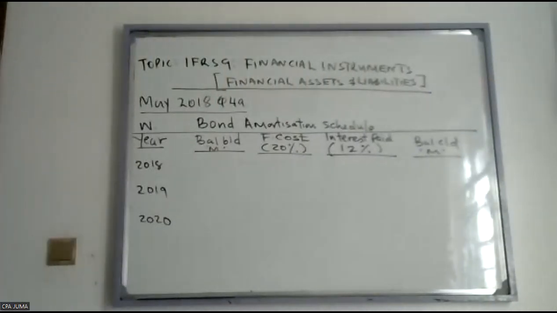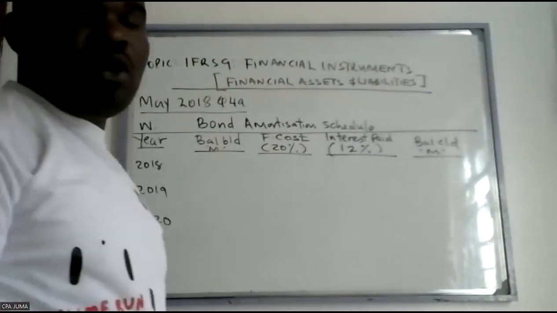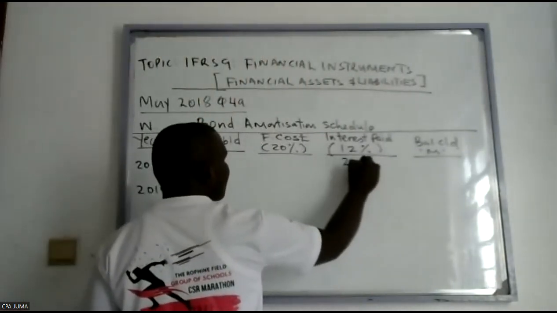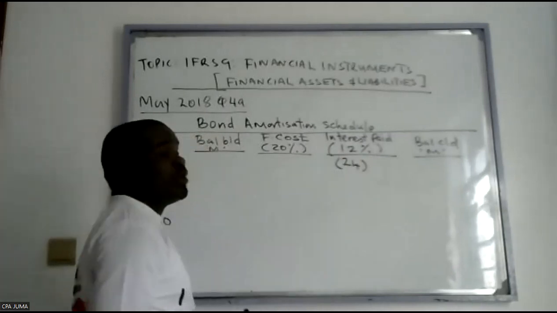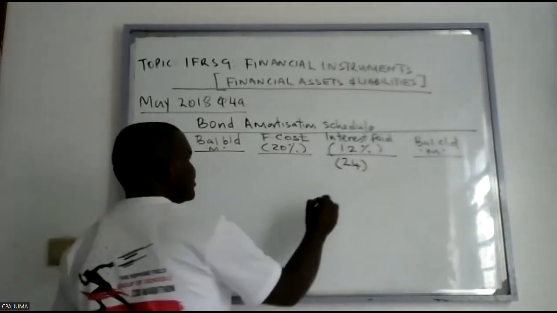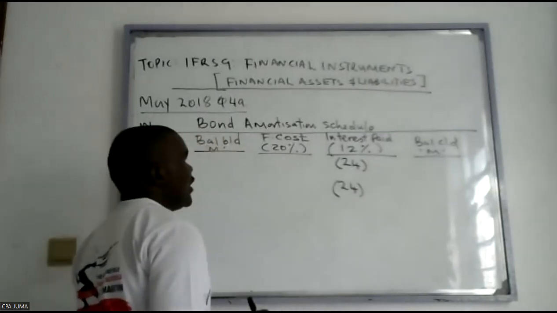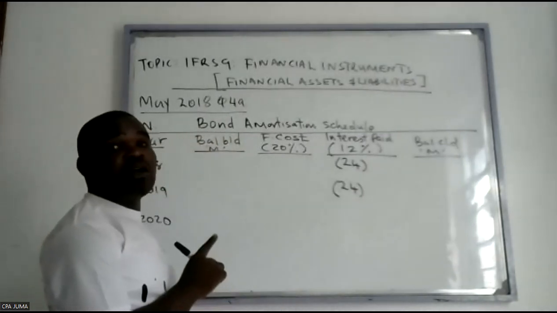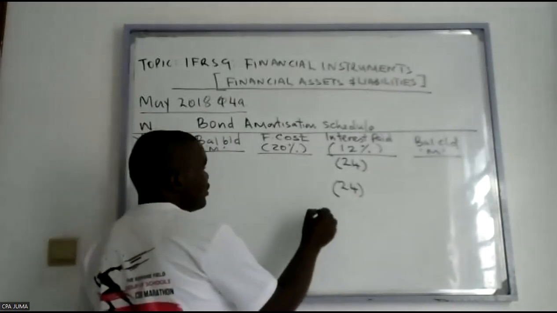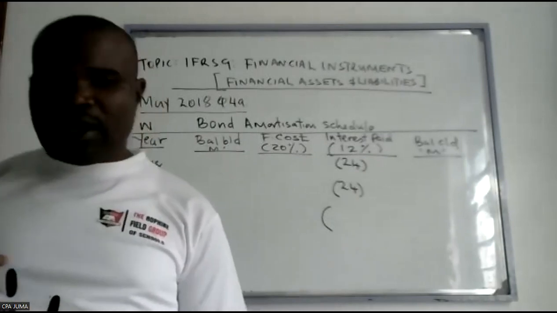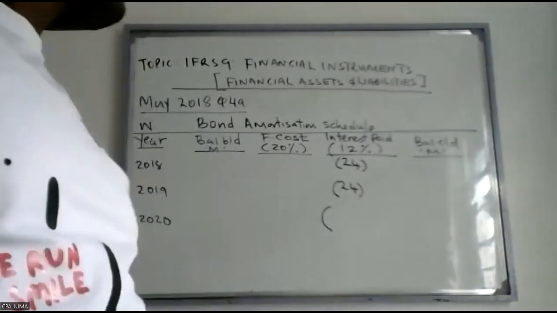Hilda, 24. So this 24 will be constant, and once you pay, you subtract 24, 24. Here, the last year, just open a bracket, but don't do anything. Just open a bracket, leave it there.